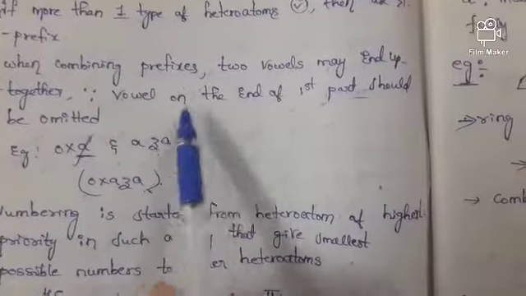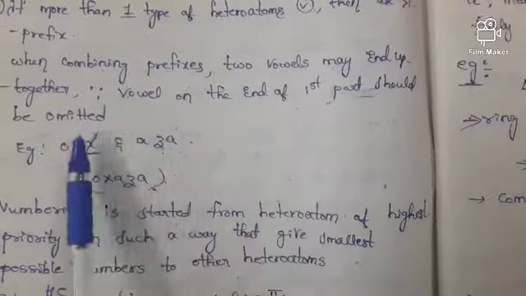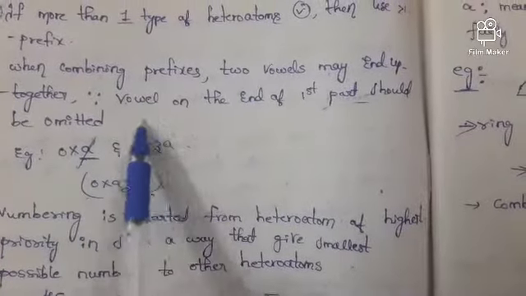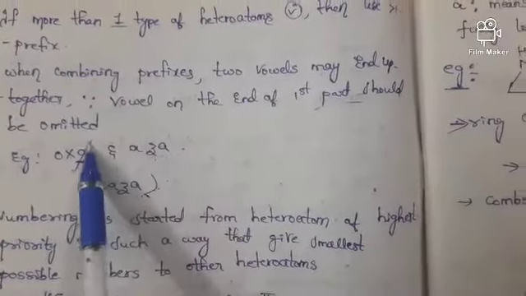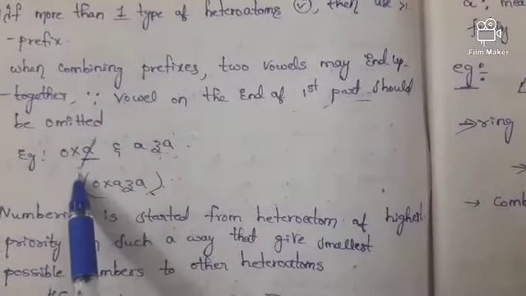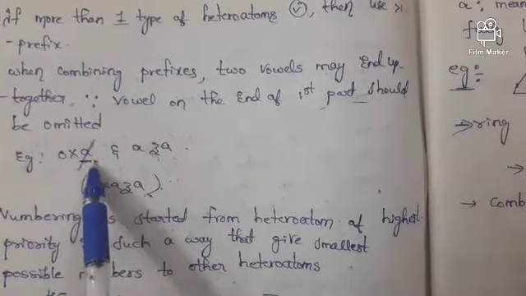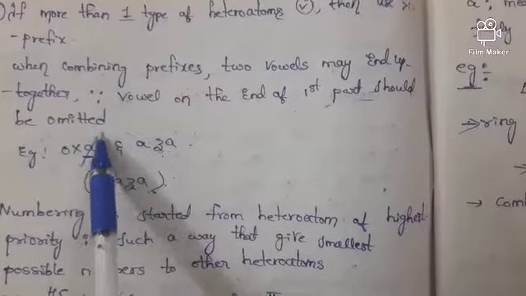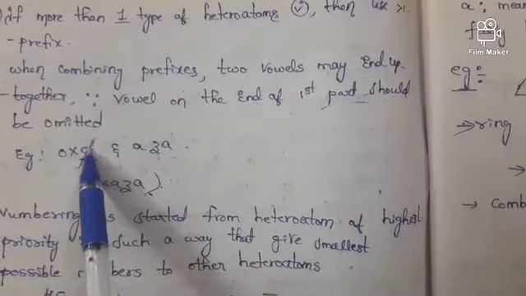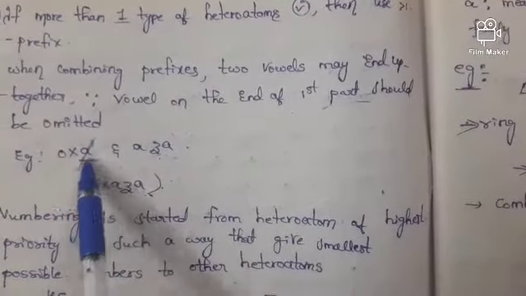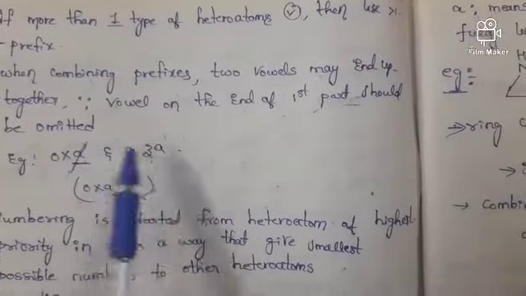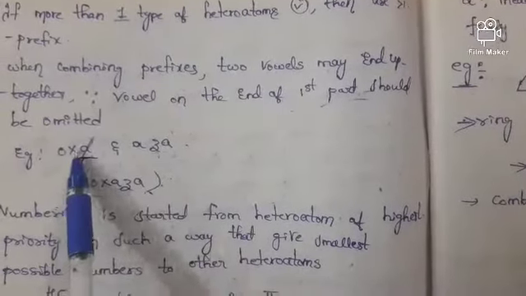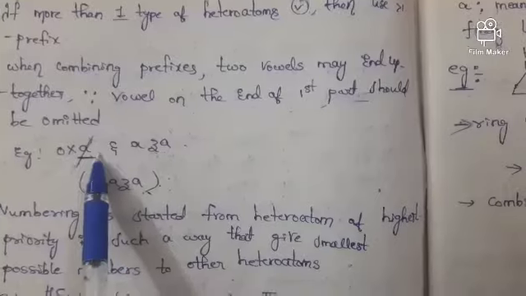The vowel at the end of the first part should be omitted. This is the first part and this is the second part. In the first part, the end is nothing but the last letter, so this last letter should be removed and the remaining should be written as usual.